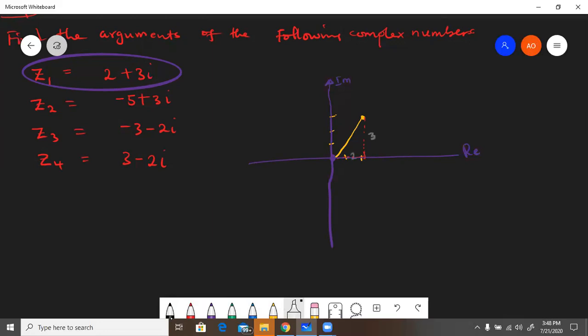And we know this is the angle between the line that joins the point to the origin and the positive real axis. So it is 2, and 3, a right angle triangle. And this is the angle theta, which is the argument of z1.